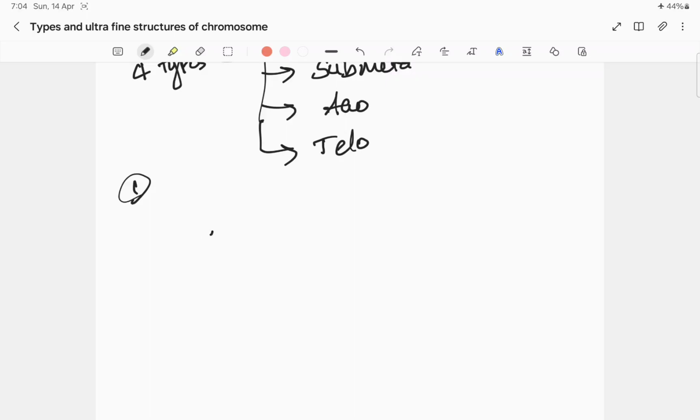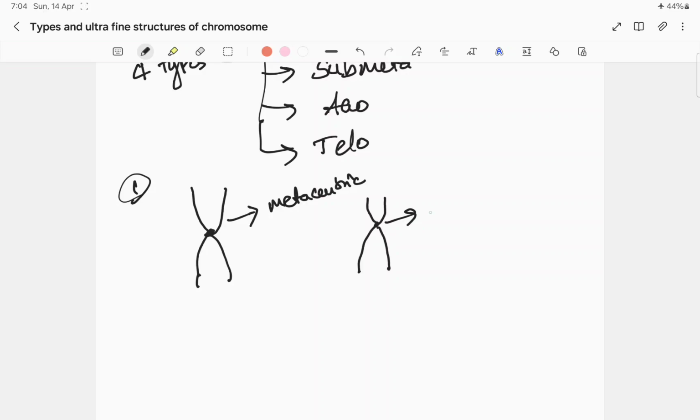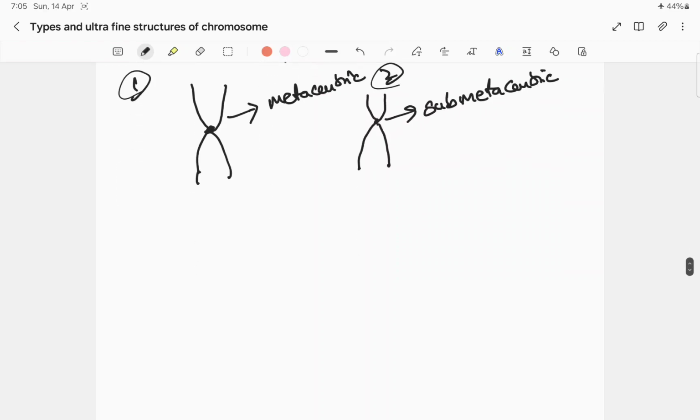First we will study metacentric. In a metacentric chromosome, the centromere is present exactly in the middle of the chromosome. This type of chromosome is called metacentric. The second one is submetacentric. The centromere of the chromosome is slightly above the mid position, so this type of chromosome is called submetacentric.